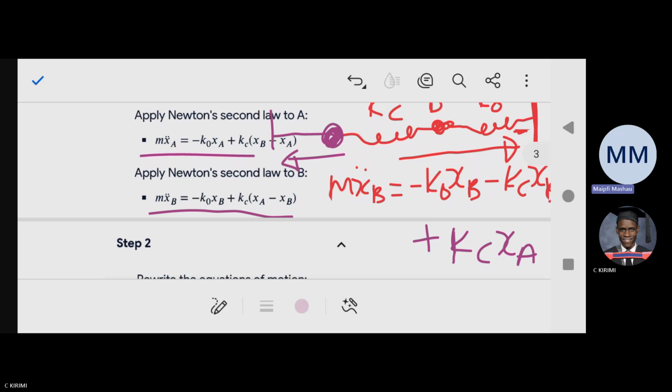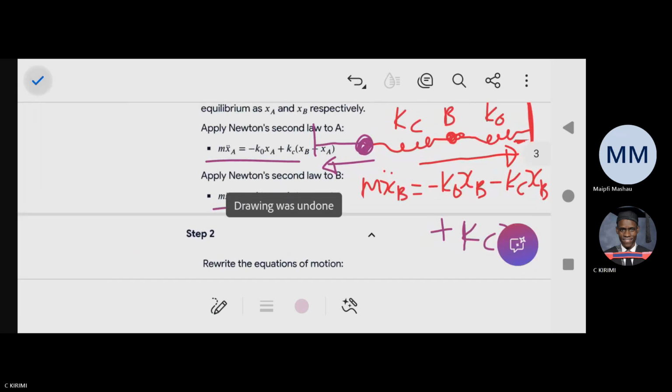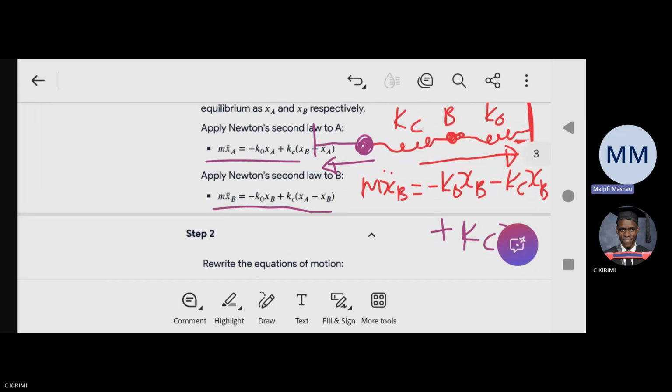I think it's clearer when they are factorized. It makes more sense, yes, because Kc is common. When you factor out, you start with the positive. It will be Xa minus what? Xb. Yes. Any question? No, that part I get it.